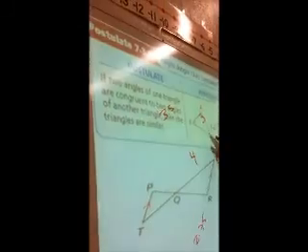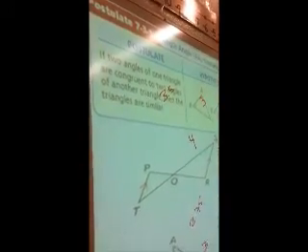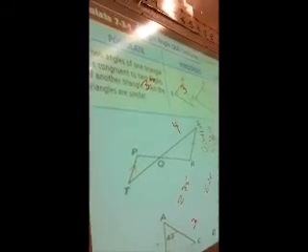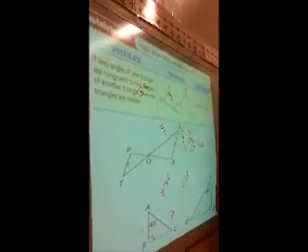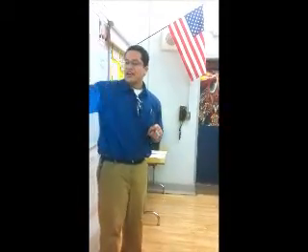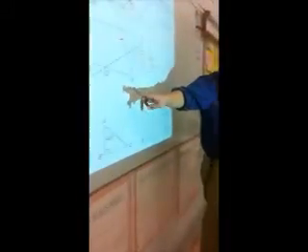If you have two triangles that have two congruent corresponding angles, then you know the two triangles to be similar. Okay? Now take a look at this. These are just a couple of examples of similar triangles.